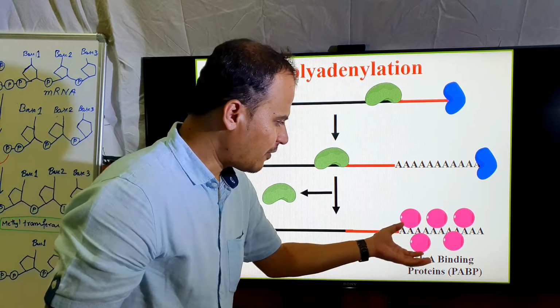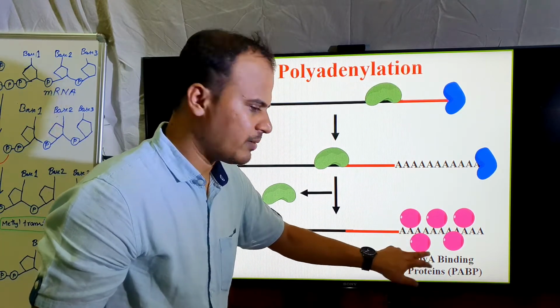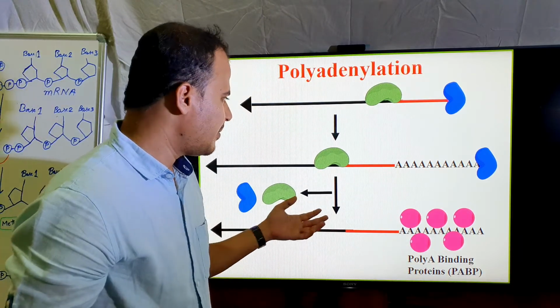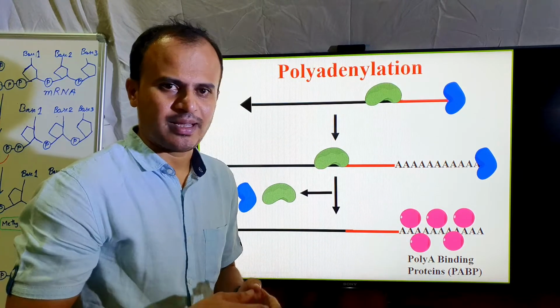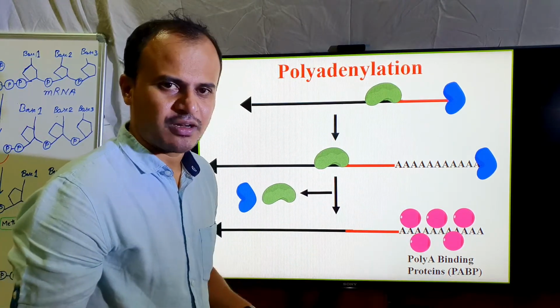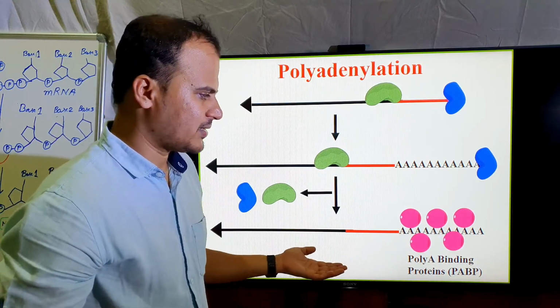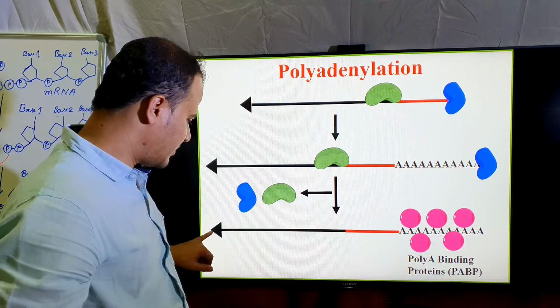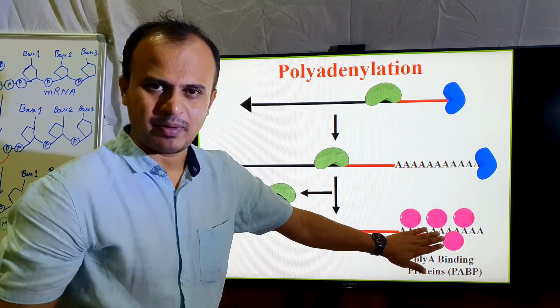Therefore, after the recognition of this poly-A tail by the PABPs, the CPSF protein as well as poly-A polymerase are released from the growing chain of mRNA. So this mRNA has the 5' cap as well as the 3' tail.